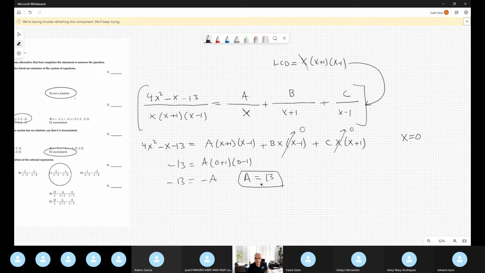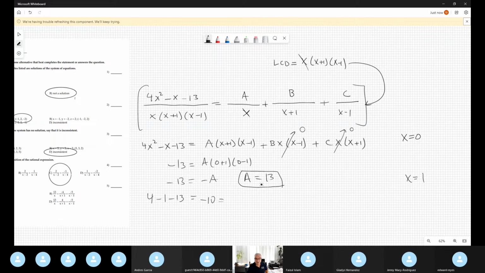Okay. Now, of course, I take advantage. I have a in my hand. You evaluate now at x equals positive 1. When you evaluate at positive 1, it's obvious because this is 4 minus 1 minus 13, which is negative 10. 4 minus 1 is positive 3. Positive 3 minus 13 is negative 10.